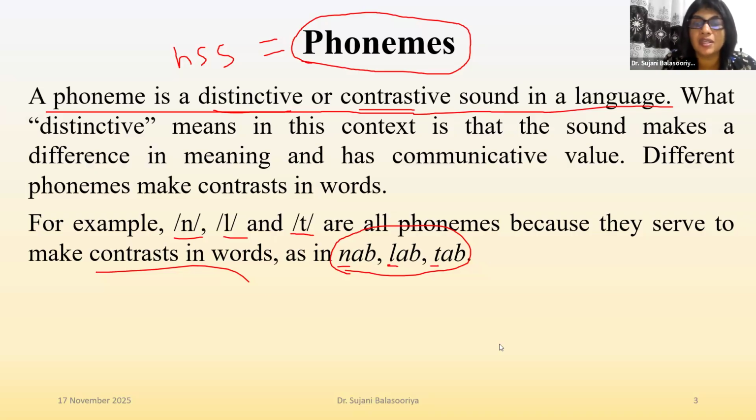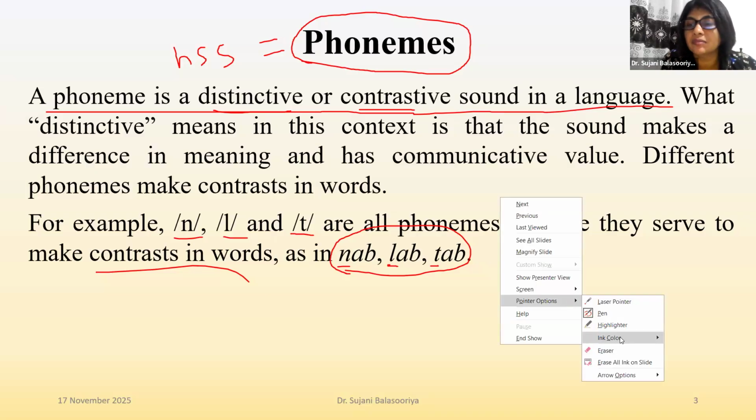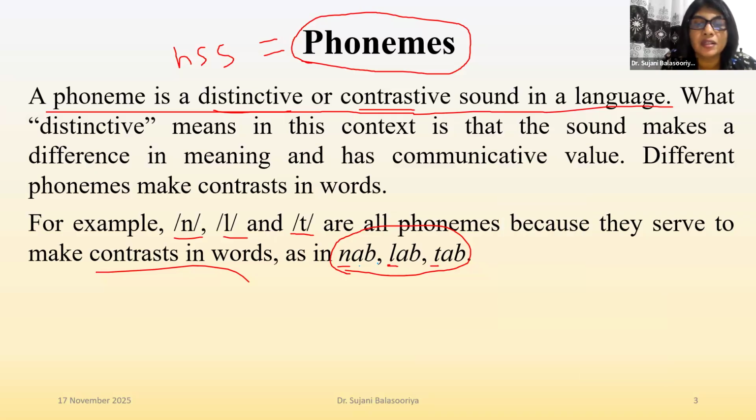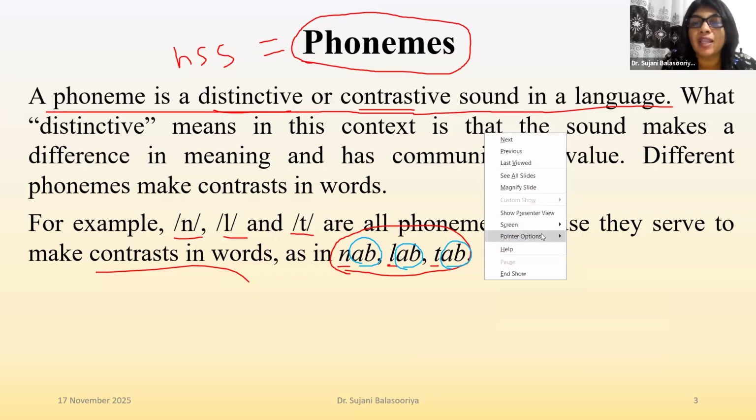Right? Can't you see it? A, B, A, B. Here also A, B. Rest is the same, no? In all three words. But still, you find three meanings of these three words.